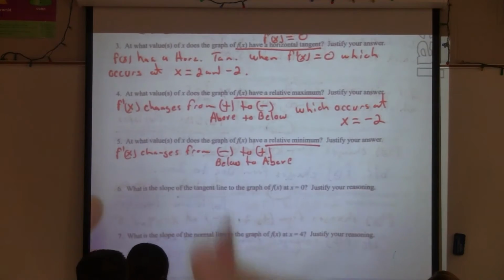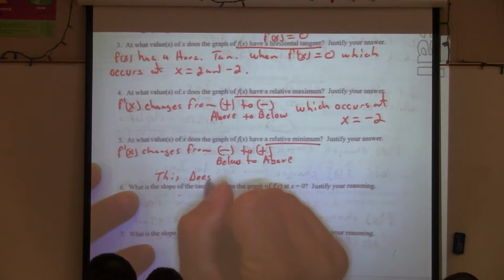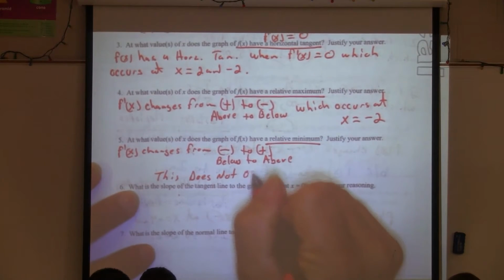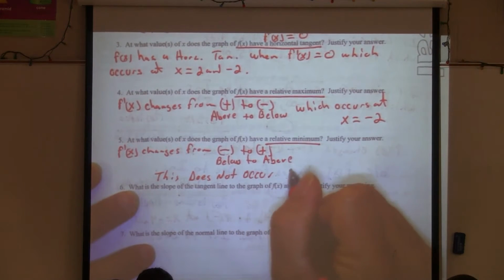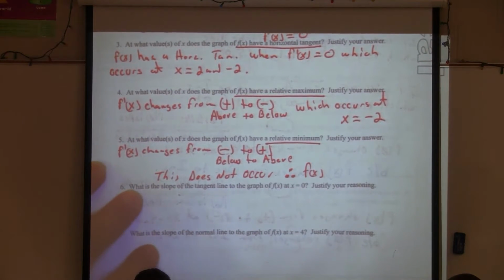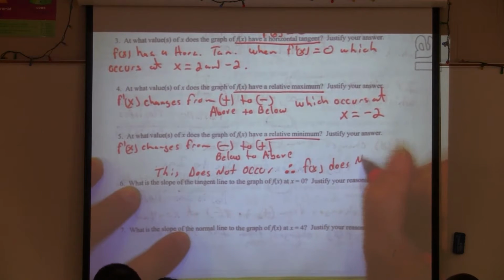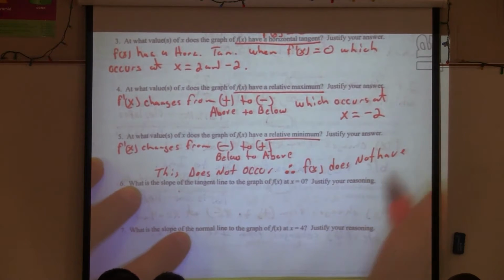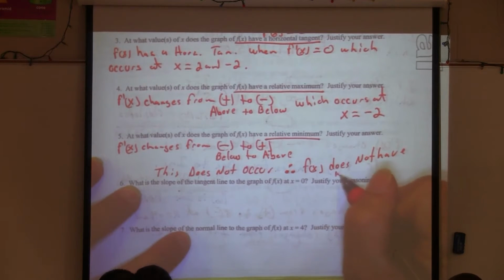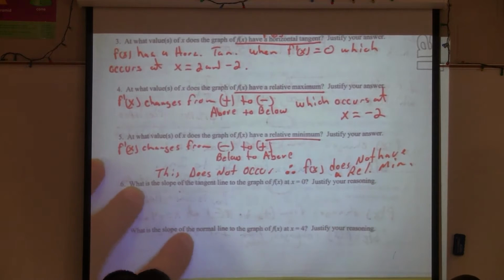Therefore, this does not occur. Therefore, f of x, the original function, what? Very good, Caitlin. It does not have a relative minimum.